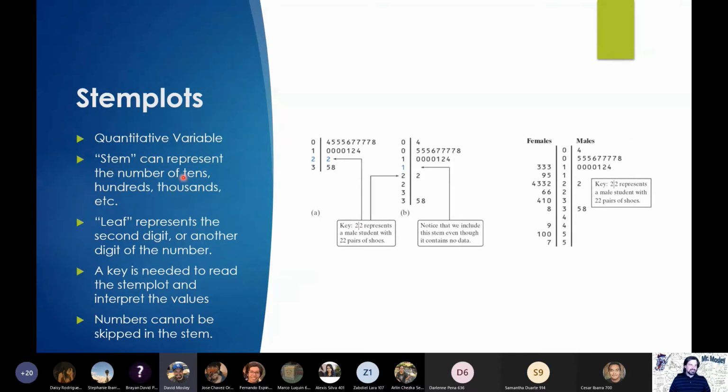The stem can represent the number of tens, hundreds, thousands, etc. We can kind of play around with what that stem represents as far as value. In the same way, we can kind of manipulate the leaves as well. The leaf can represent the second digit or another digit of the number. You need a key. In these 3 examples, we have a key that tells us how to read the stem plot. You must have that.